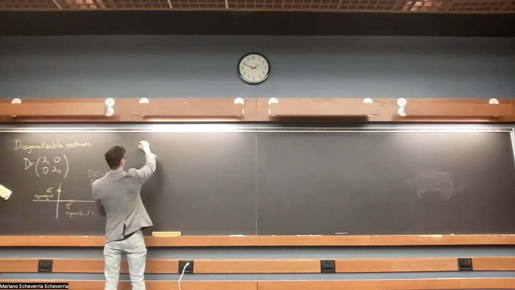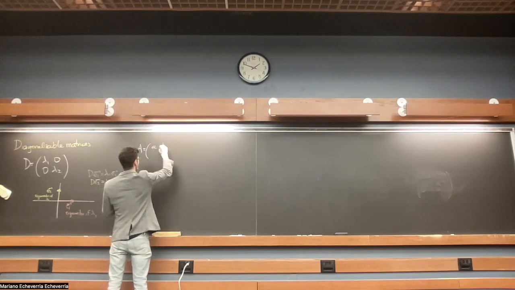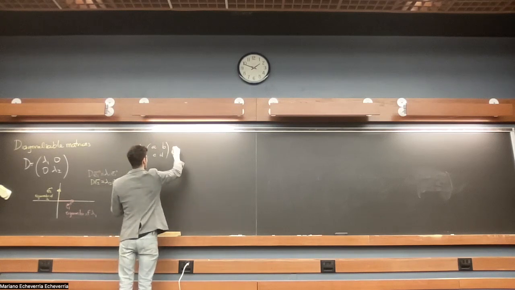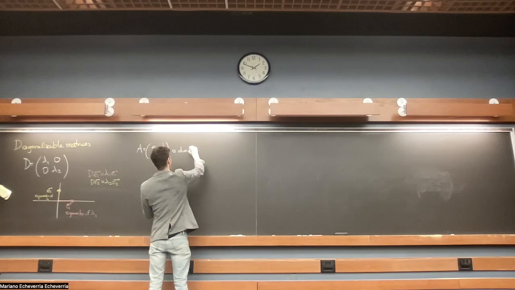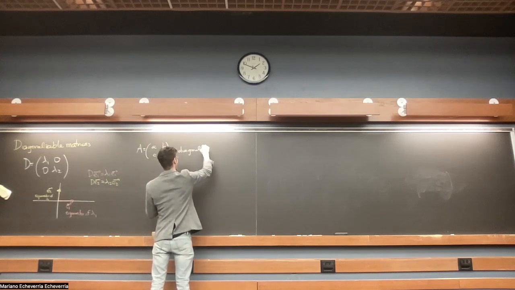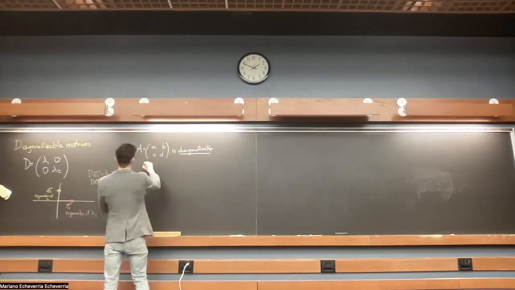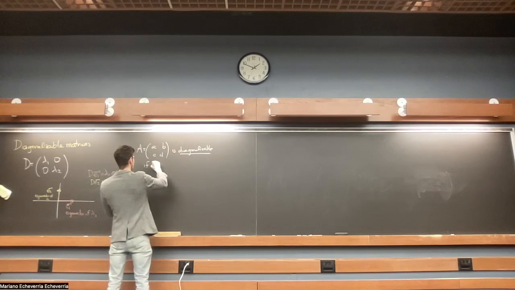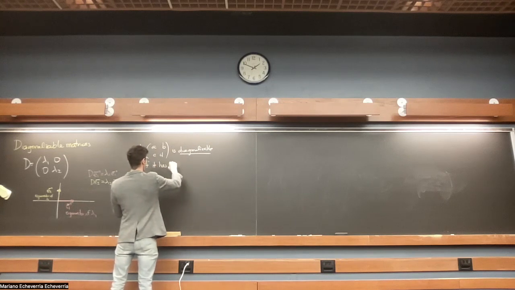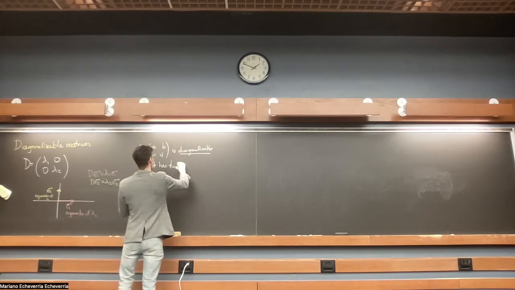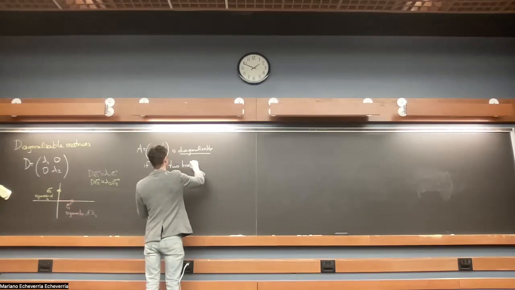So let me put it this way. If you have a 2x2 matrix, you say it's diagonalizable if it has two linearly independent eigenvectors.